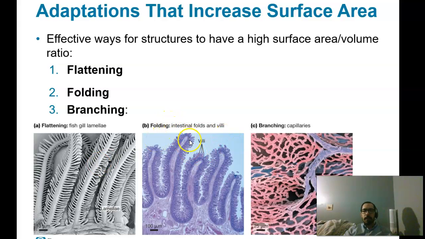There's folding that you can see in intestines, like the small intestine. Here there are two types of folding actually. There's the folding of the actual intestine, and then there are also smaller foldings that are called villi. All of this increases the surface area to volume ratio, which allows for absorption of nutrients.